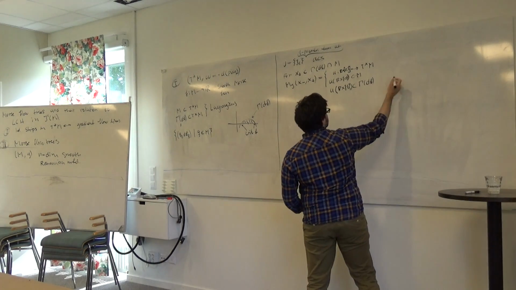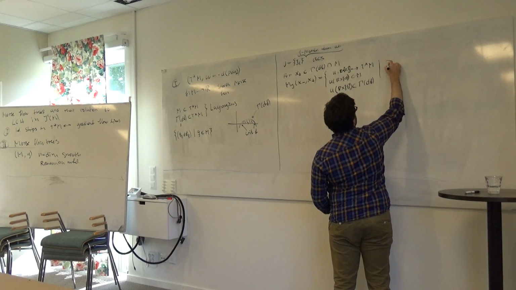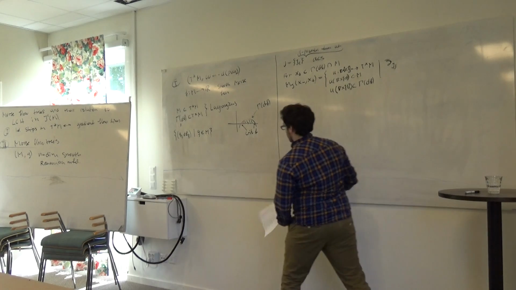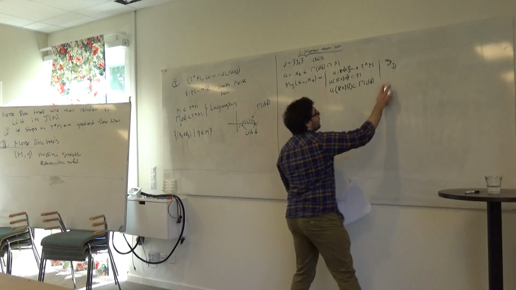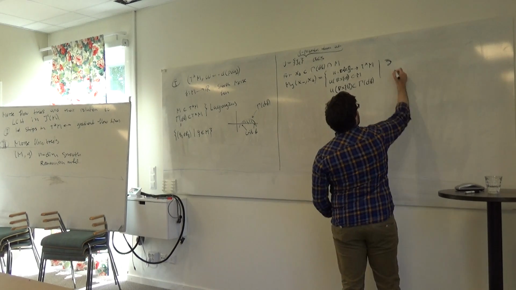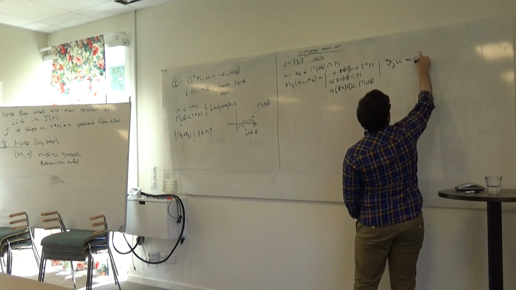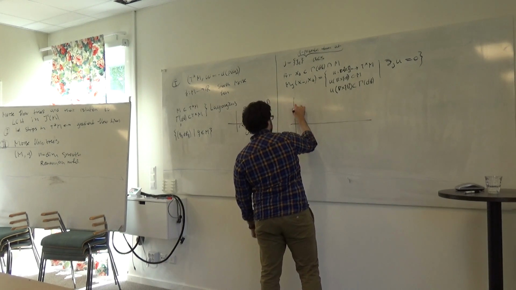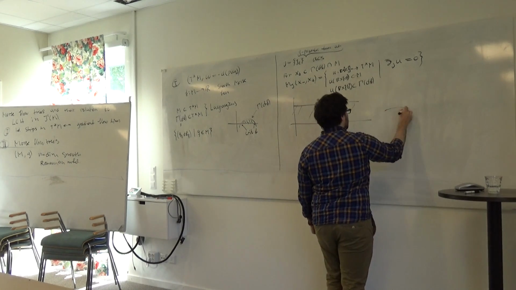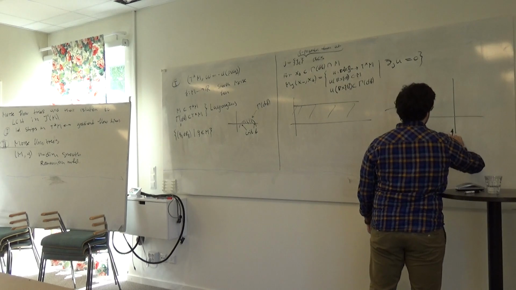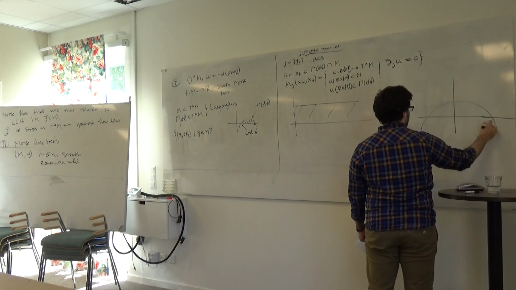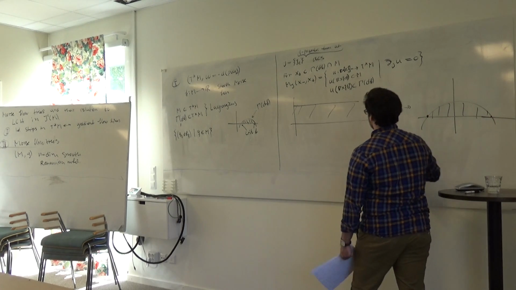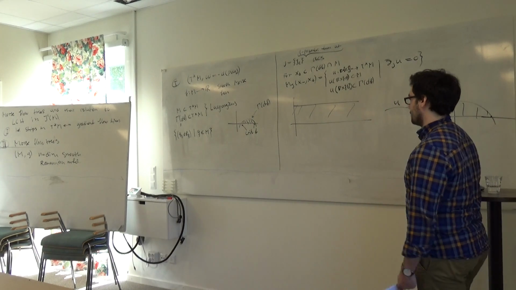And so d bar j is 0. Map u. And at infinity they map to the intersection point.